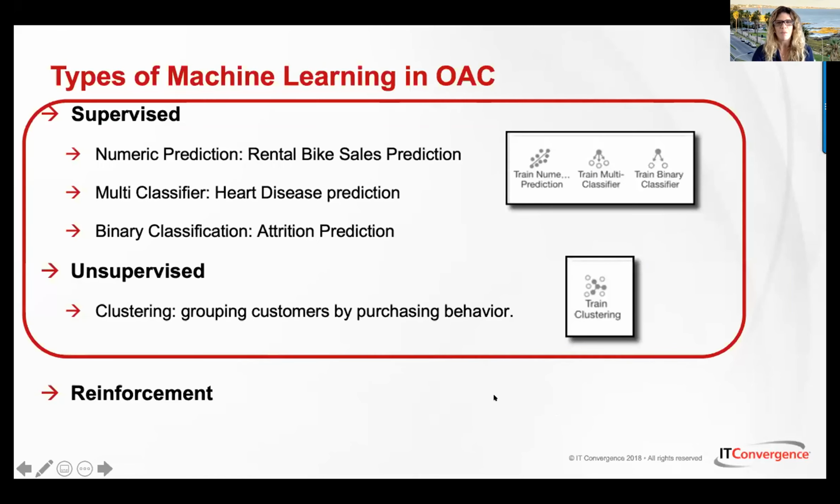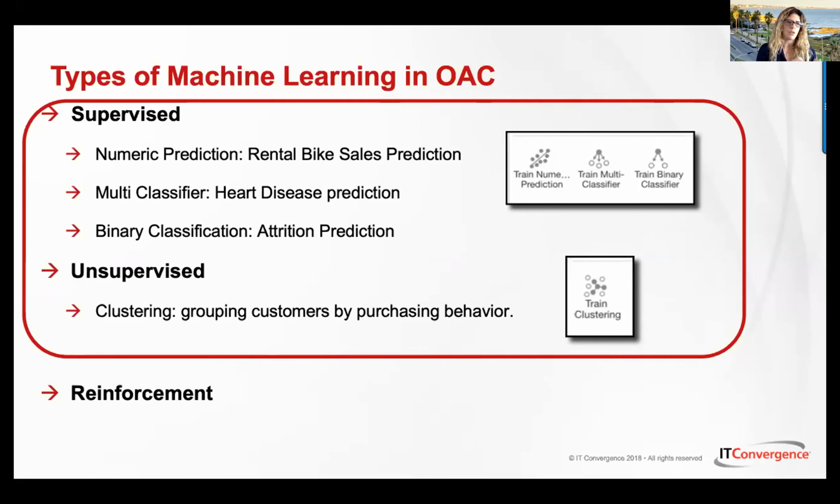So let me talk about the types of machine learning models that you can create with OAC. It's not like you can create every single machine learning model that you can imagine. The things that we can create in OAC are the supervised ones. Remember that supervised machine learning models are the ones where you specify the output to the model. For example, you want the number of bikes that you're going to rent next month.